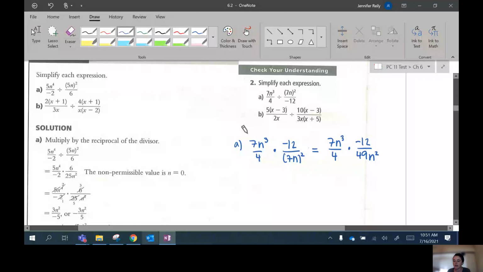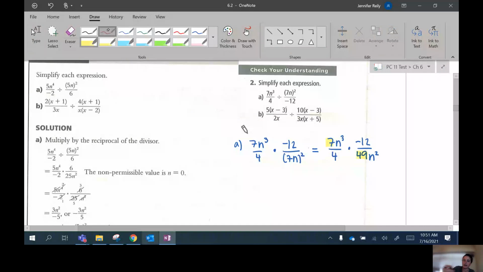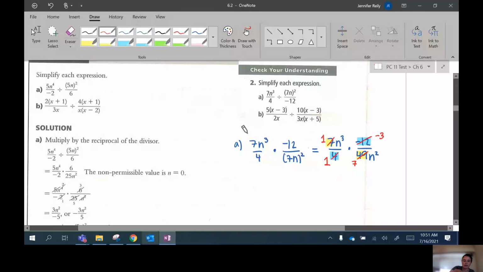Okay, so now let's look for anything in common that we can divide. Let's look at the numbers first. I have a 7 and a 49, so I can divide by 7. This would be 1. This would be 7. And I also have 4 and 12. Those can be divided by 4. So this would be 1 and this would be 3. And then I have 3 n's in the numerator and only 2 in the denominator.